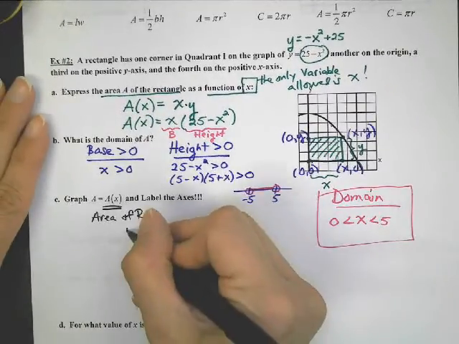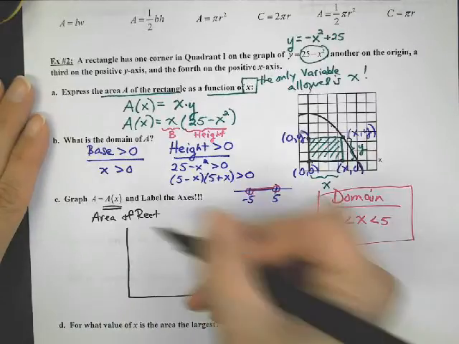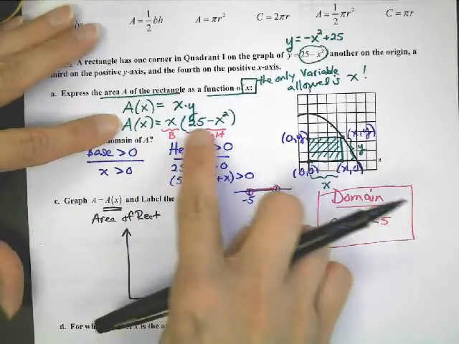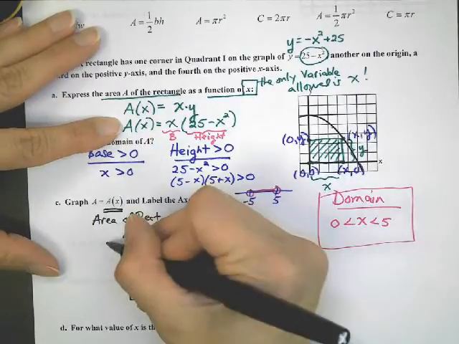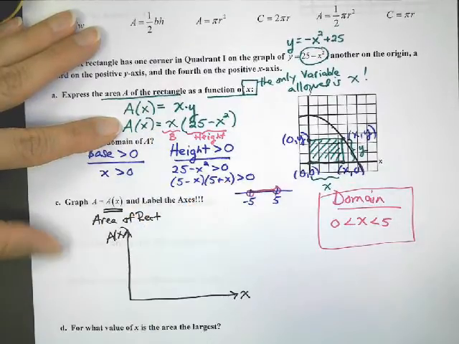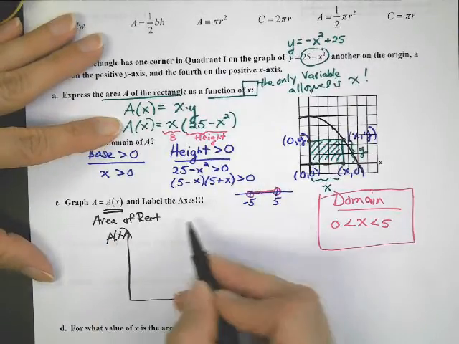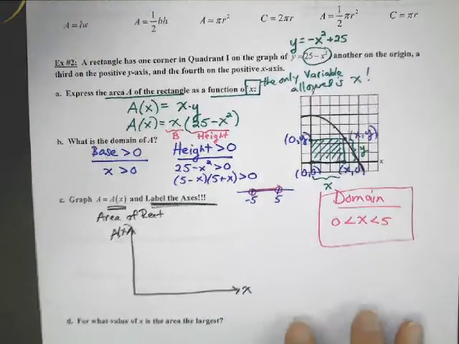So what we're going to do here is graph the positive x-axis and the positive, oh wait, where's my area equation? There's no y. There's x's and there's A of x. So this is the A of x axis. X and A of x. Now it says label the axes. Okay, I'm going to give points for all these things.